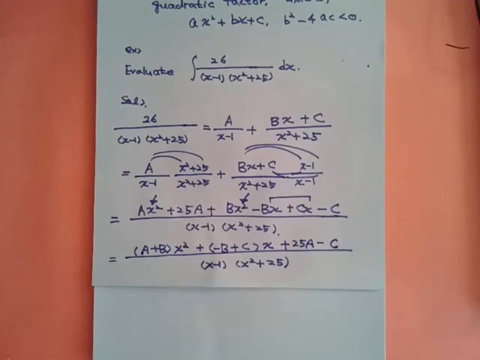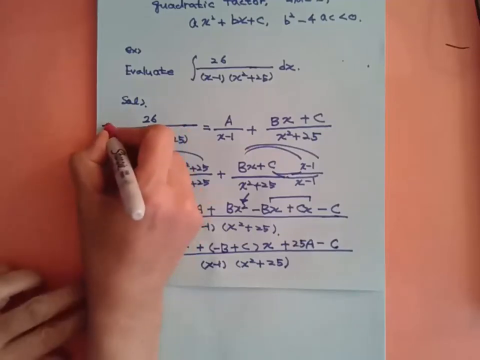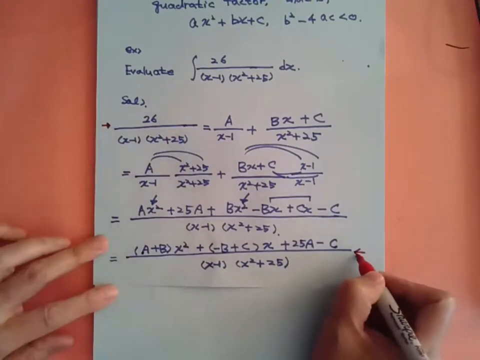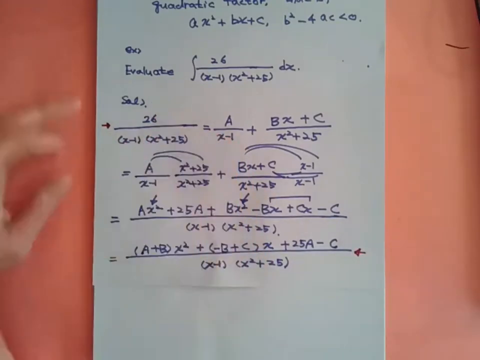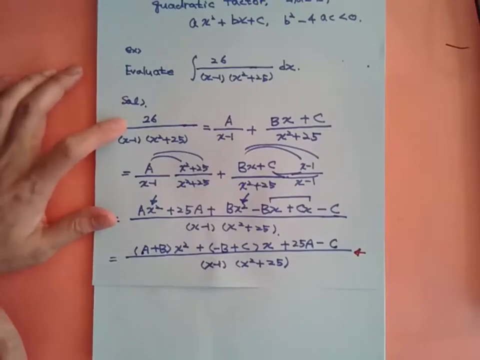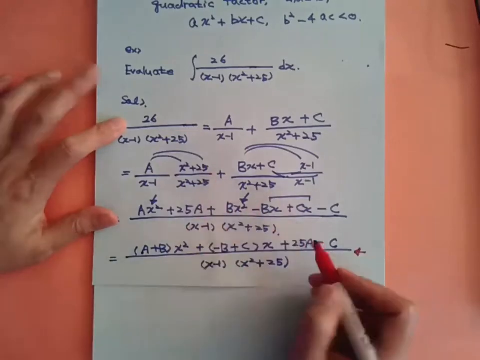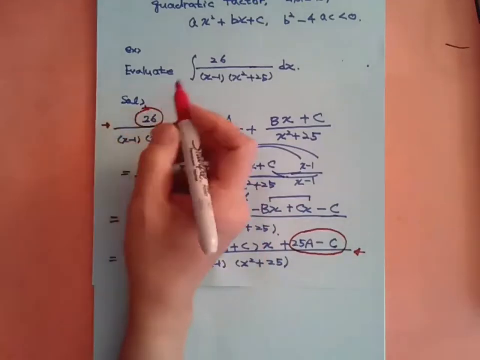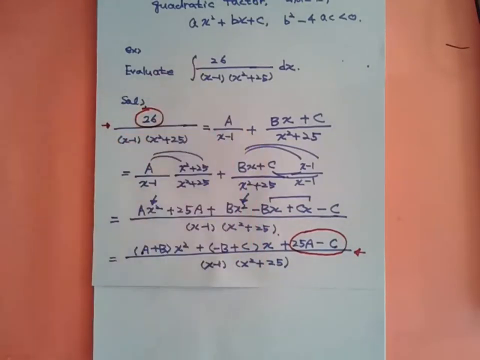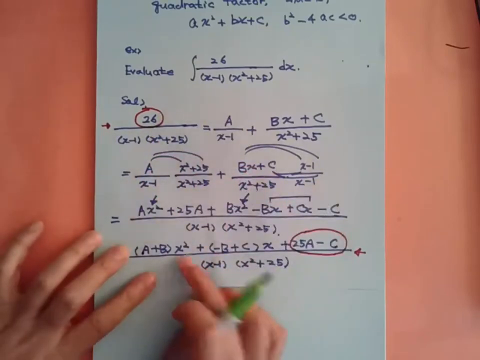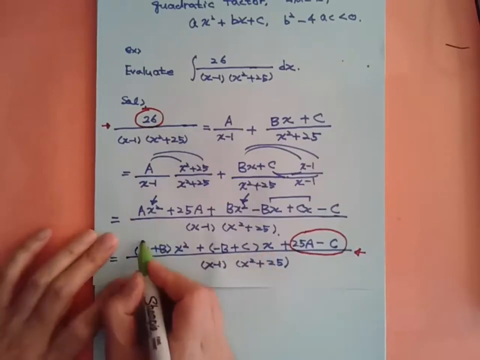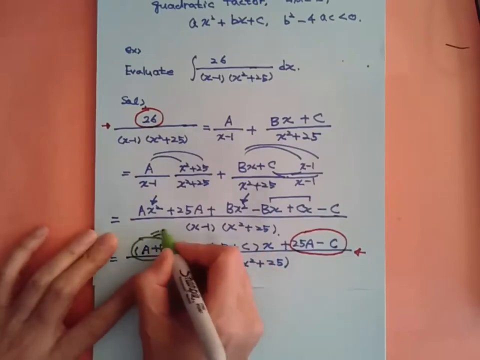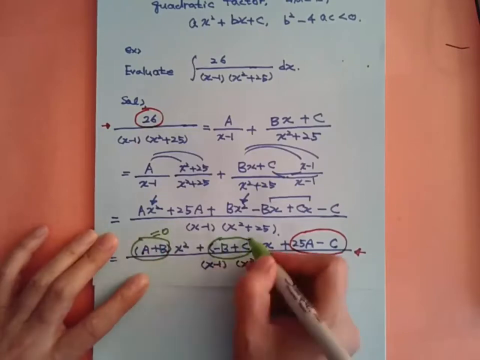When we compare the first fraction and last fraction, in the first fraction the numerator consists of only one term, 26. So this 25a minus c will become 26. But in the first fraction, there is no x squared or x related term. That makes a plus b equal to 0 and minus b plus c equal to 0.